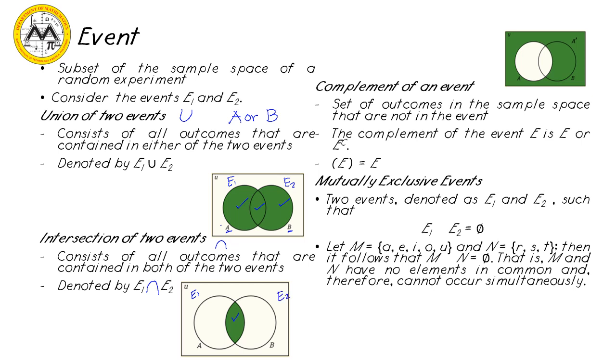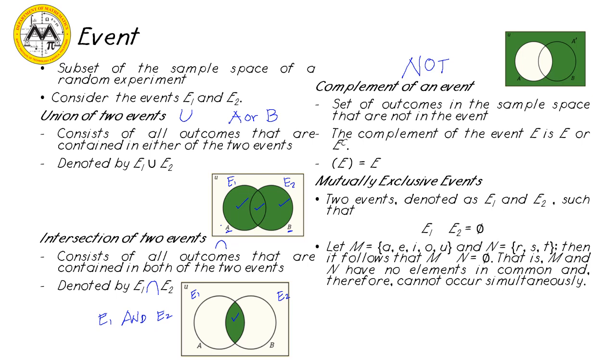So this is E1 intersection E2. So it would be E1 and E2 at the same time. While the complement of the event is denoted by prime, is the set of event not on the given set. So our keyword is not. So not in E is the complement of E.